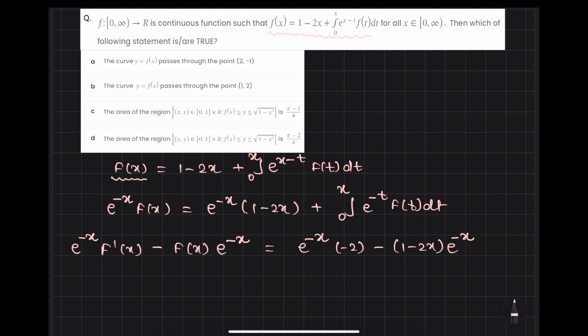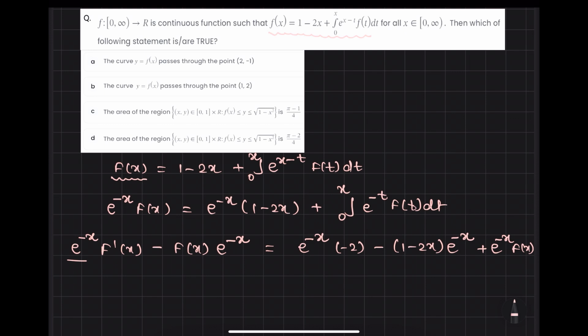Now we put the upper limit: e power minus x f of x, times the differentiation of the upper limit. The upper limit is x, so its differentiation is 1. Now put the lower limit and differentiate it; differentiation of 0 is 0. So this is the differentiation.